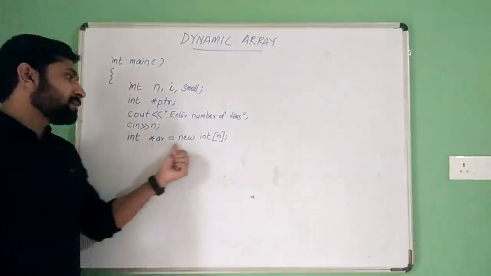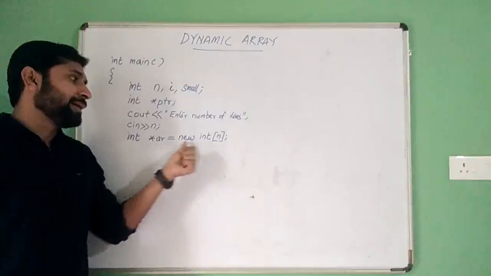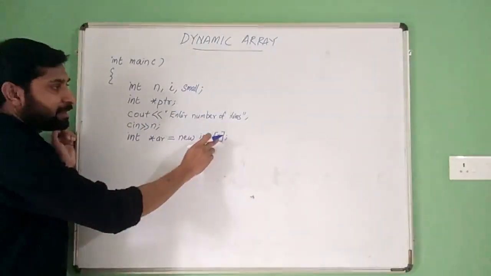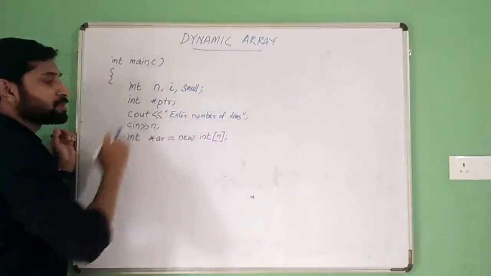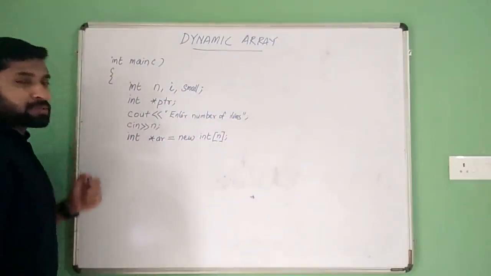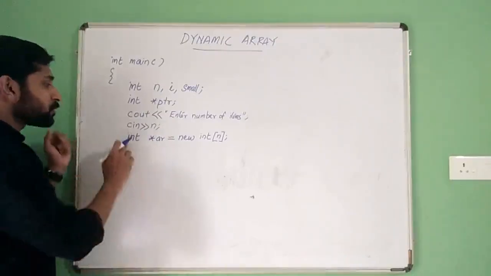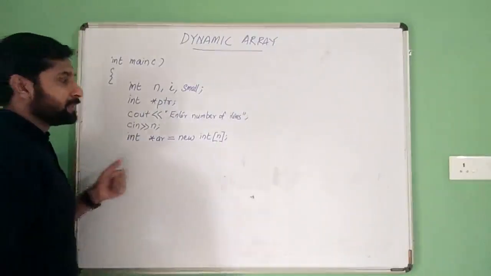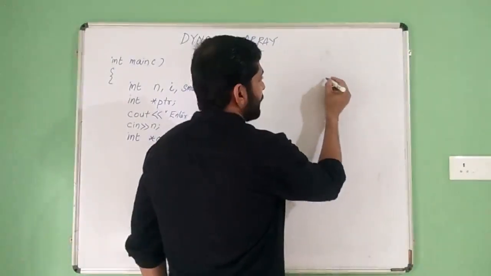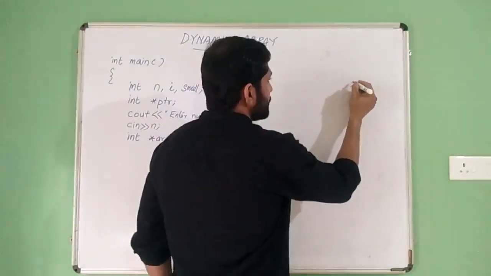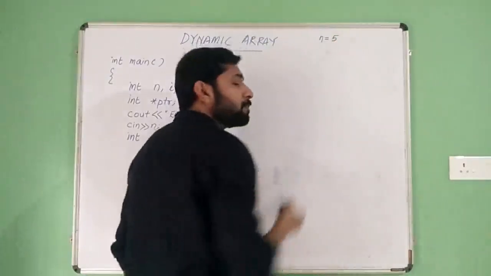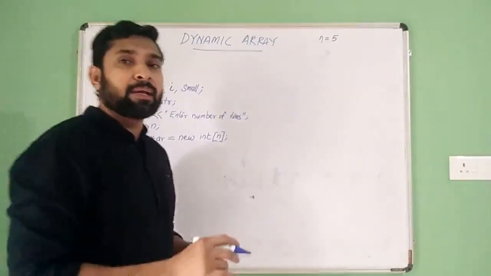So this is the declaration to create a dynamic array of size n. Here n is the number of items in the list. So this statement will create an array like this. Suppose, for the time being, n equal to 5. So the user inputs n equal to 5.